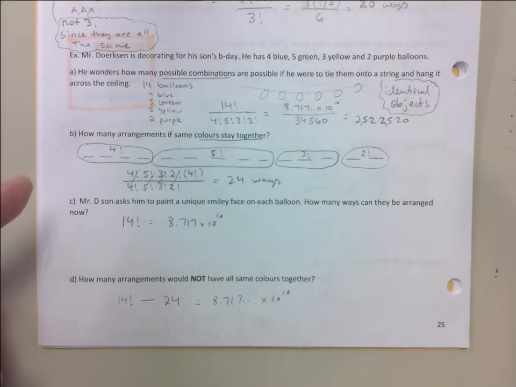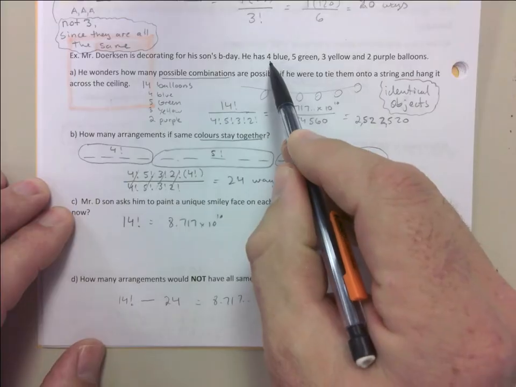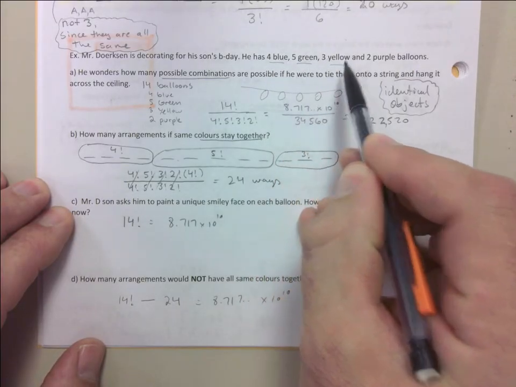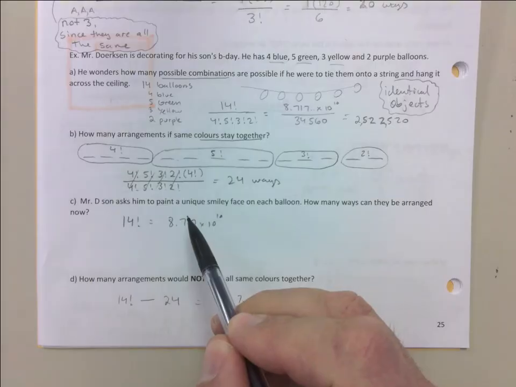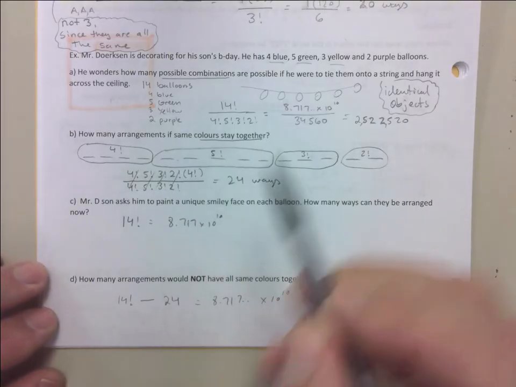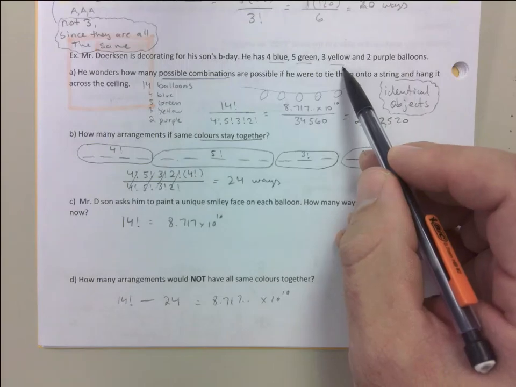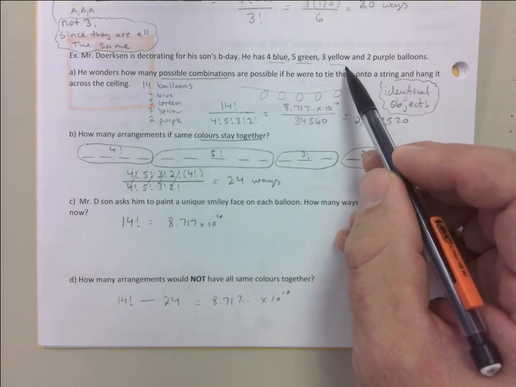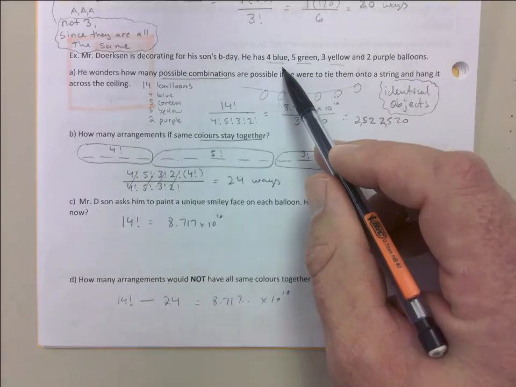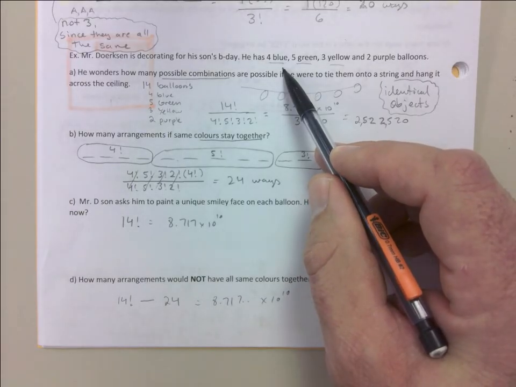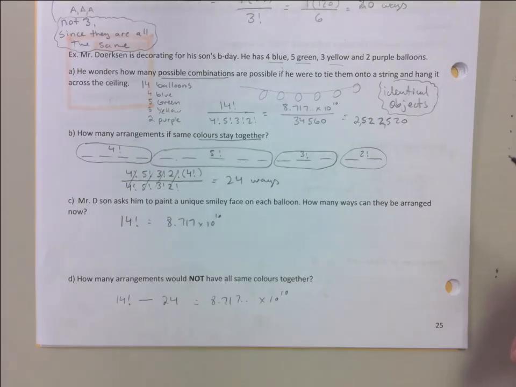Again, bottom of 25. Some of you were wondering, Mr. Erickson, since when did we start to divide? Like before we didn't do that. It's only when you have identical objects or you can't distinguish them, right? So balloons, marbles, sometimes decorations. Certain decorations look exactly the same.